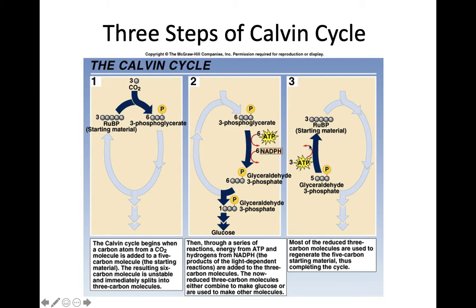And then we have this third phase, the regeneration phase. As I already mentioned, 5 of the 3-PG molecules formed in the reduction phase will be used in the regeneration of the starting molecule, which is RuBP. And this process takes several steps that aren't shown here in this figure and are going to require 3 additional ATP molecules.